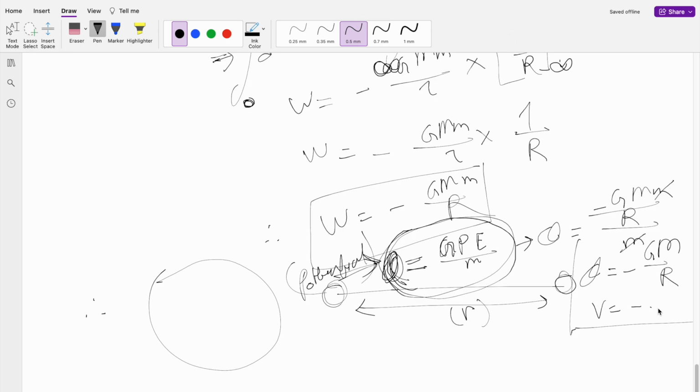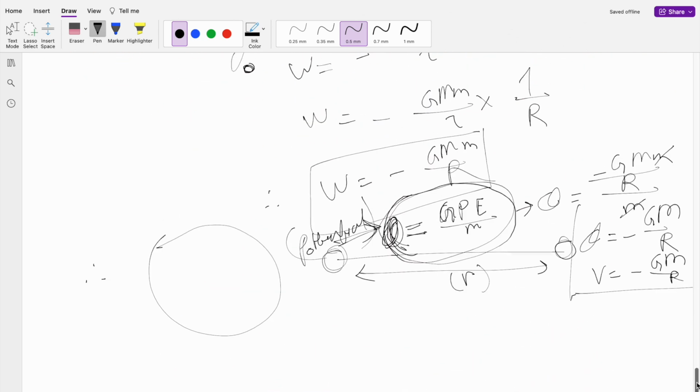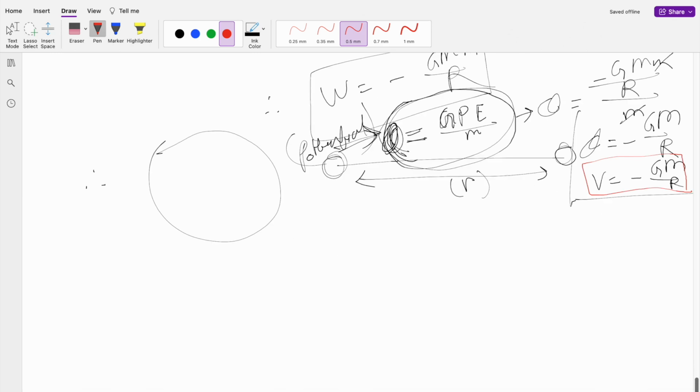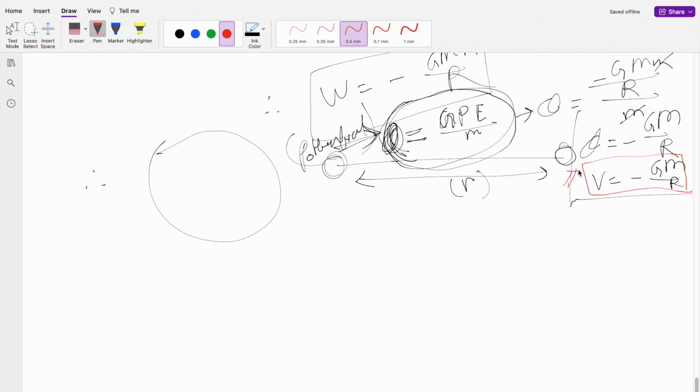So V equals minus GM divided by r. Okay, so we got three equations basically, for force, for intensity, and for voltage.